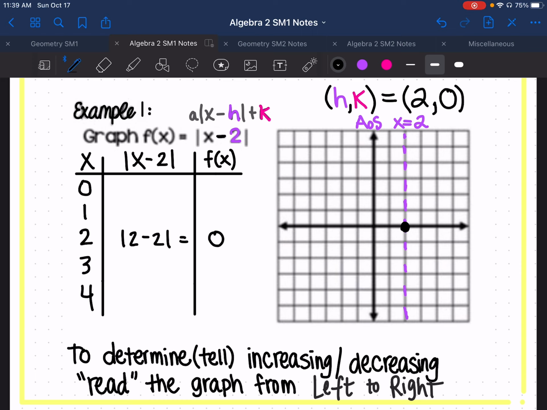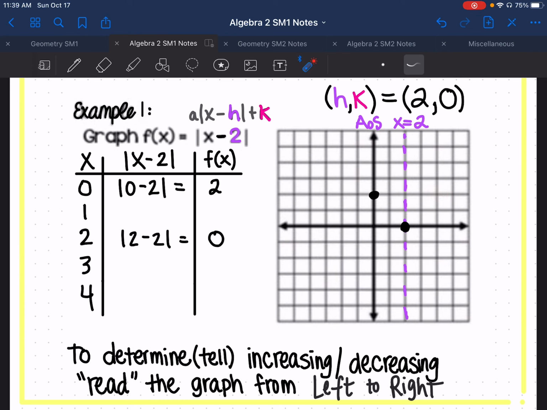So there we go. So I already knew that that was my vertex. I could get 2 on this side. 0 minus 2 is negative 2. The absolute value of negative 2 is positive 2. So 0 and 2. The axis of symmetry says since that point is 2 away, there's 2 away on this side. So I should have a point right here at 4, 2.